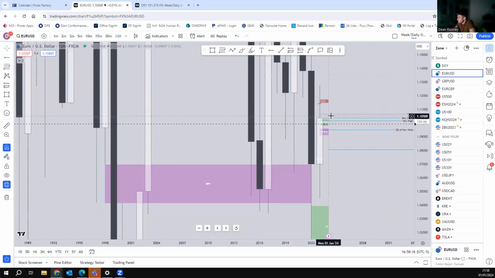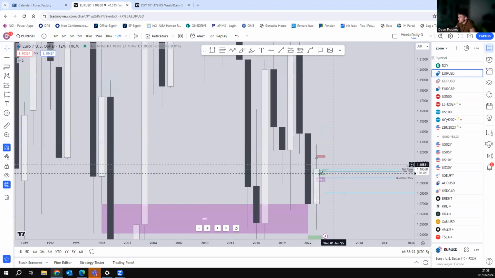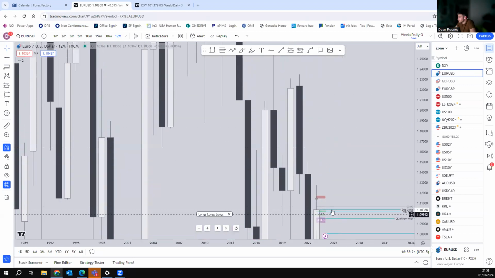When we open here, I think there might just be a little stubby wick, and then it's a massive bullish candle in here.